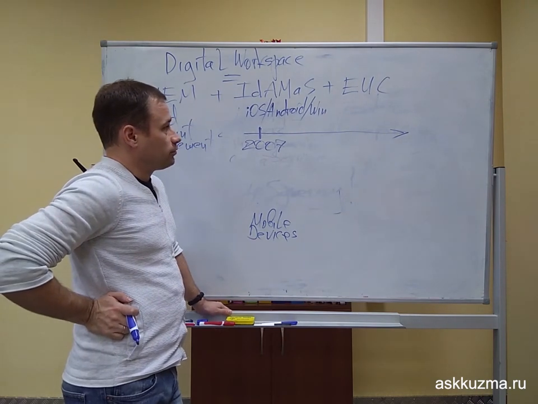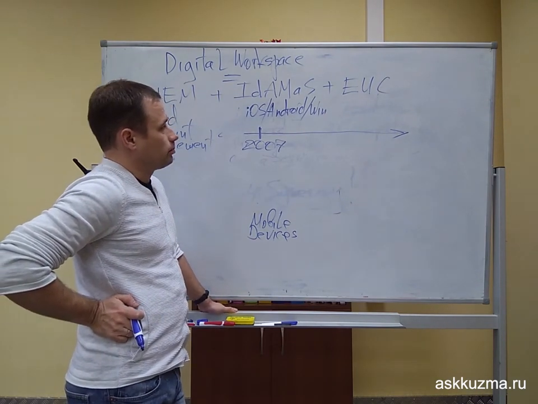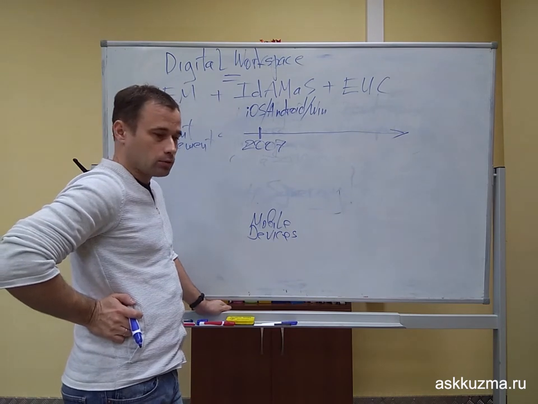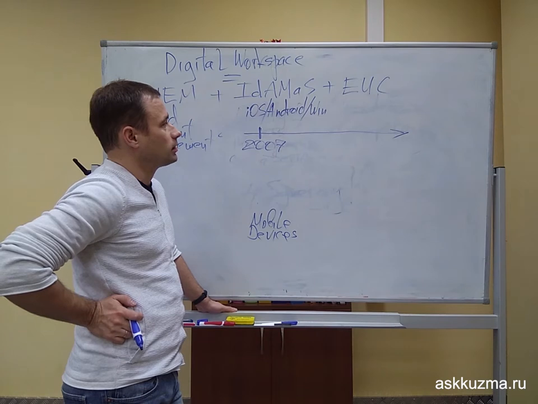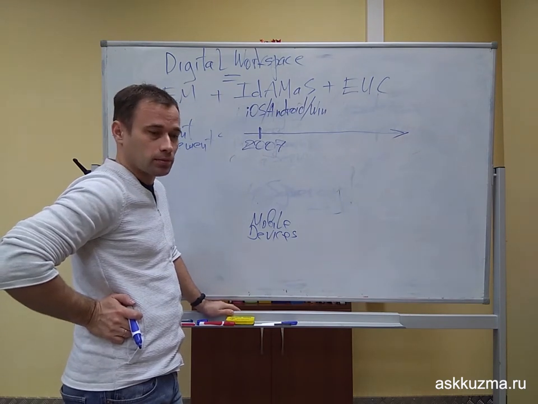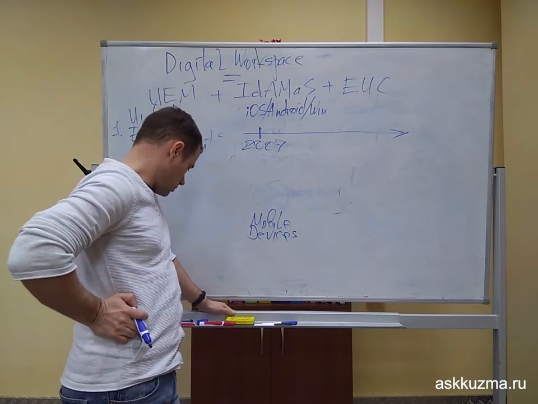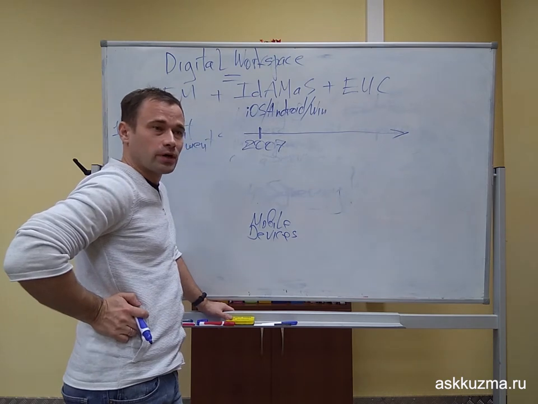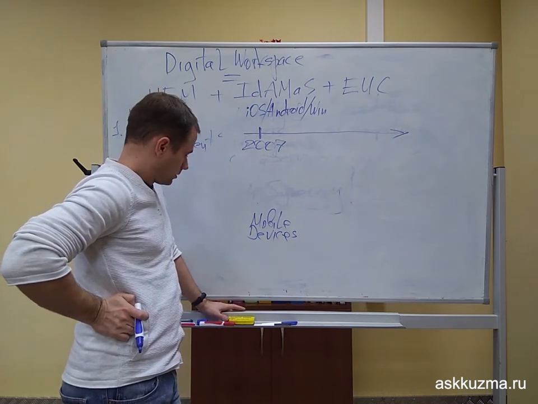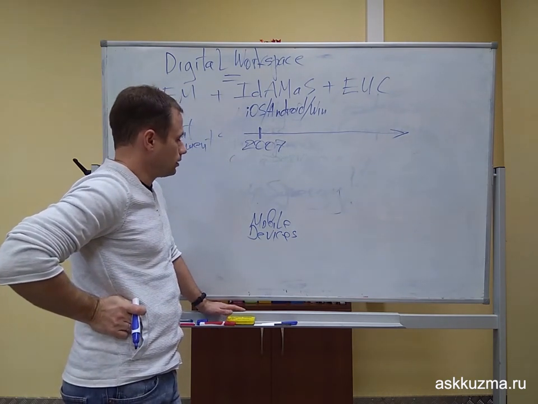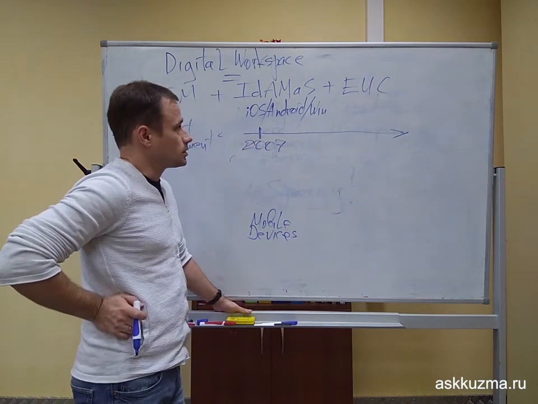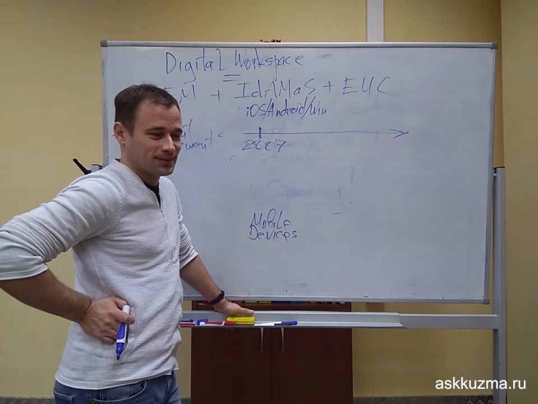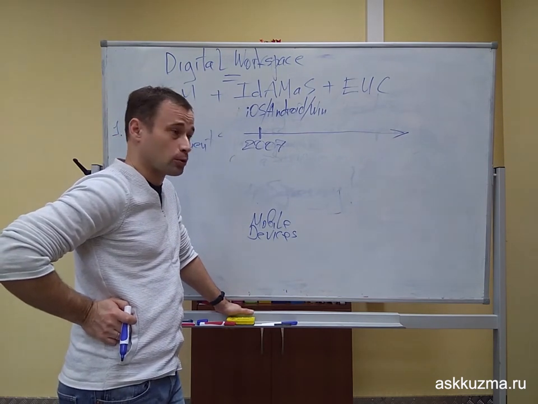A combination of features, power, and a low price allowed these mobile devices, running these mobile platforms, to be widely used in a corporate environment. And this allowed businesses to increase the efficiency of their workforce.